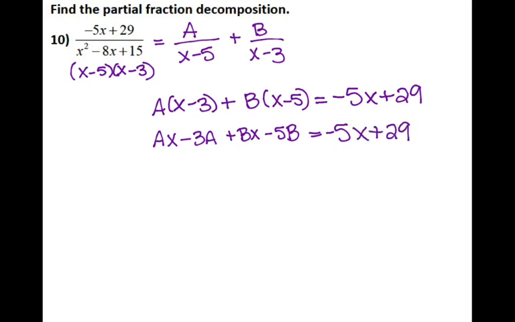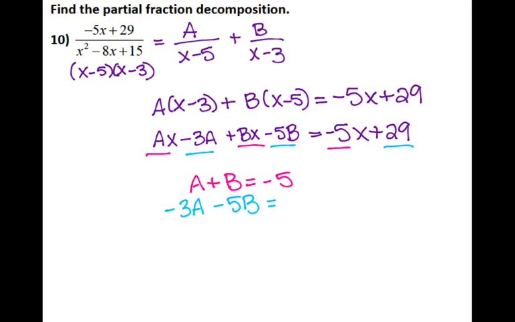So if I look at my x terms, I have A plus B, and that should equal -5. And then for my constants, I have -3A minus 5B, and that should equal 29. And again, you can use the RREF in the calculator to solve this system.